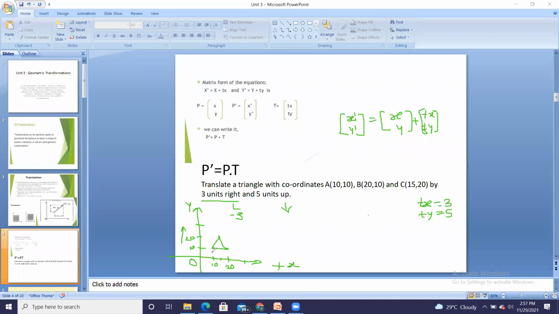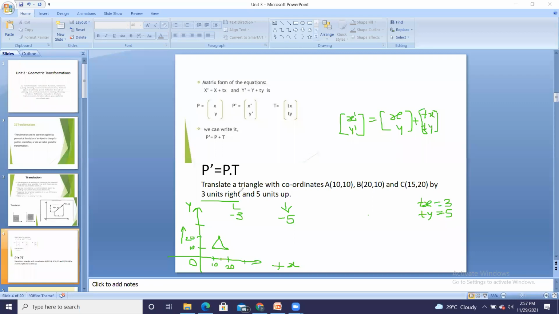So the resultant value will be 5 in this case. So ultimately, your y value will also be changing, and the y translation factor is -5. Okay, so you have to keep track of the directions while solving such problems.